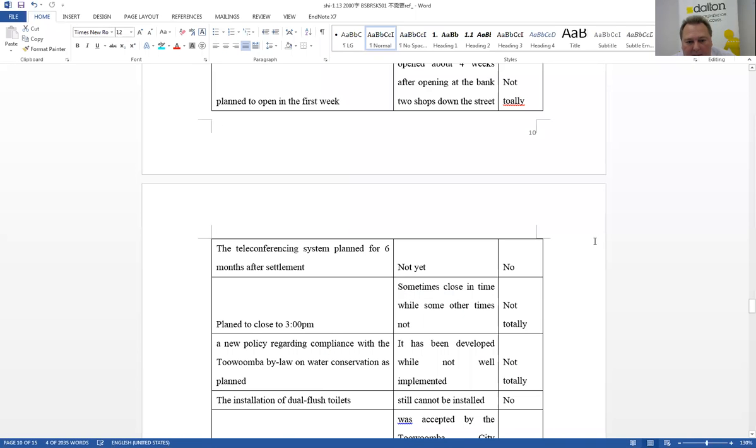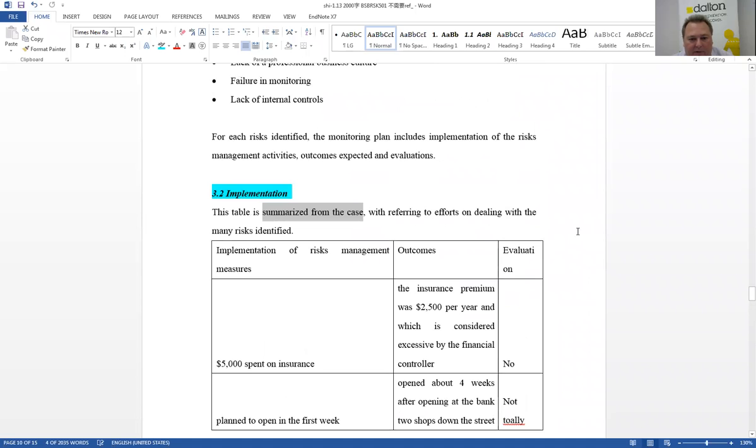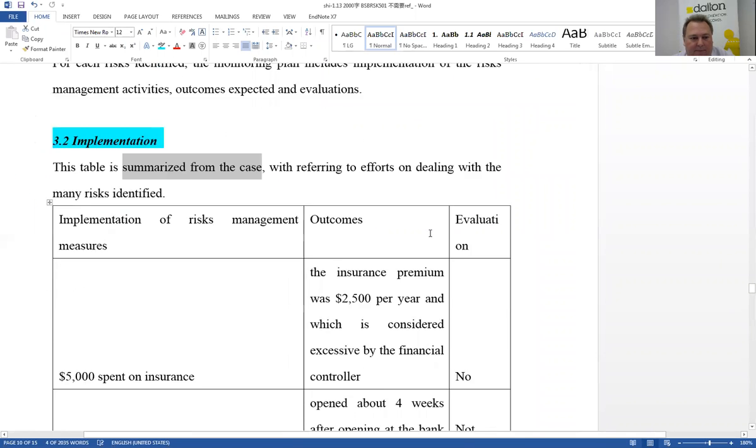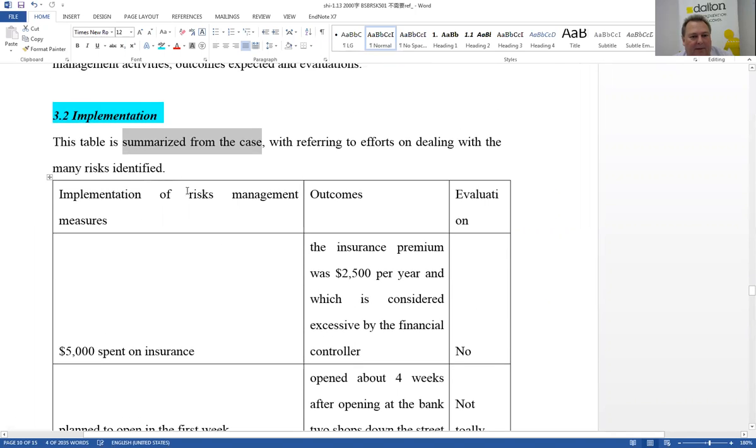If I just quickly go back, there it is. It was the first thing I noted. I'm following the sequential order. Implementation of risk management measures: $5,000 spent on insurance. What's the outcome? The outcome is half was only required. See, so you're not making up this stuff. You're following criteria from a case study, the task 3 case study. That's how I've plucked that information out and put it in here.